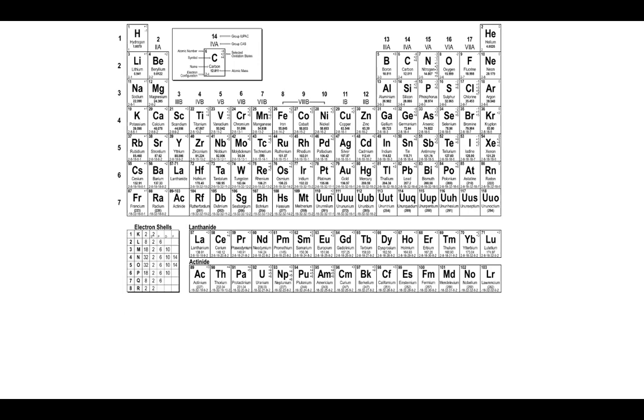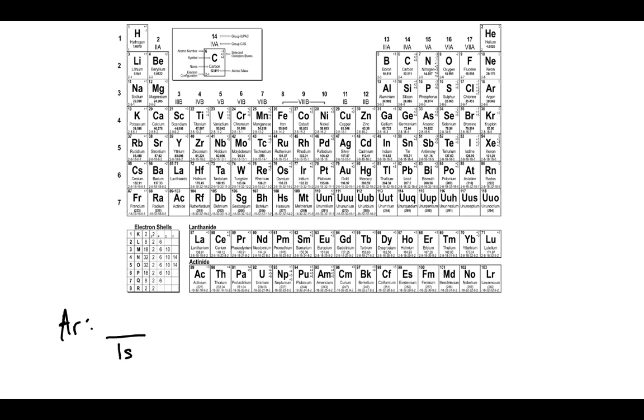So I'm going to go ahead. I'll start with, let's do argon. Orbital notation means that we're going to draw a line with the orbital identification underneath it, which is the principal energy level followed by the letter of the shape of the orbital.